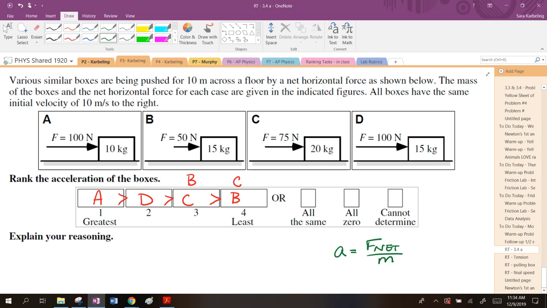Let's double check B and C. Can we do that? Because I've got some B C and then I got some C B. Which one's the right one? Prove it to me. Figure it out. Andre, what did you say? C. You think C is bigger? How do you know? Can you do the math for me? So C is going to be 75 divided by 20.